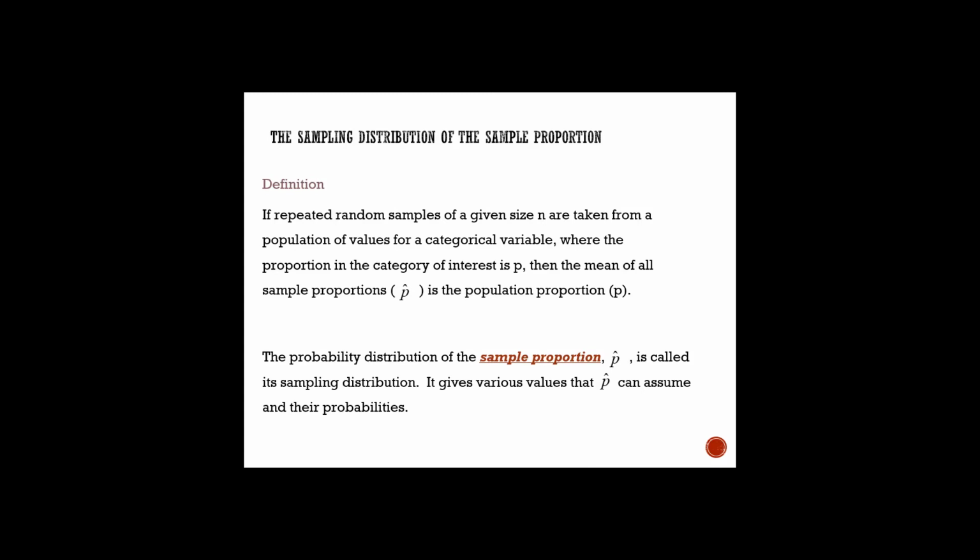So you don't have to worry about the mean of p hat, you're going to use the population proportion for that. The probability distribution of the sample proportion p hat is its sampling distribution, just like we did with x and x bar.